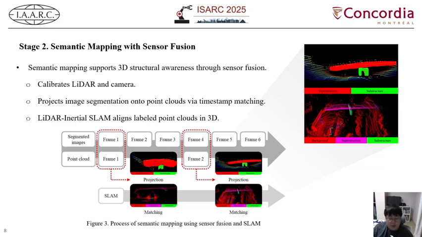Then we use the labeled 3D point cloud for mapping. For this work, we calibrate the camera and the LiDAR, and then match the images and point cloud using timestamp. Finally, we apply LiDAR inertial SLAM to build a real-time 3D map. This map is both geometrically accurate and semantically meaningful.